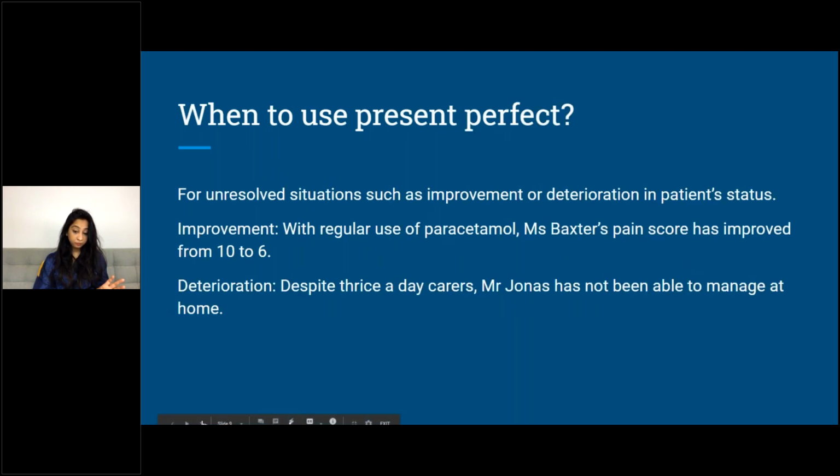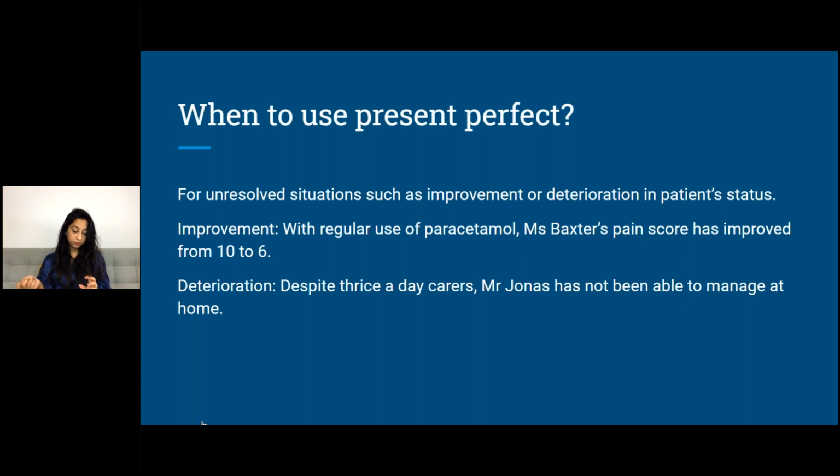That being said, when you're talking about deterioration or improvement in a patient's status, you're going to be writing, "With regular use of paracetamol, Miss Baxter's pain score has improved." Okay. "Despite thrice a day carers, Mr. Jonas has not been able to manage at home."